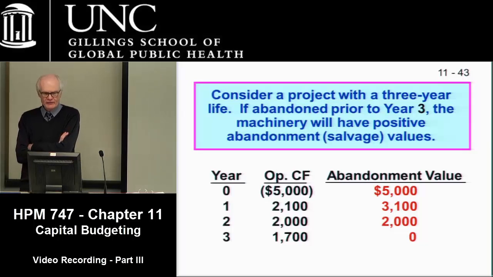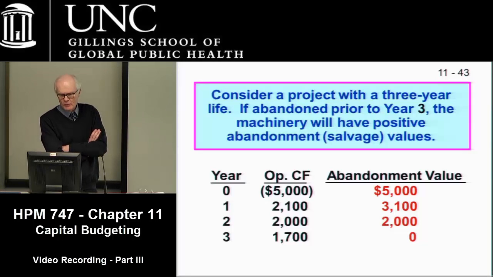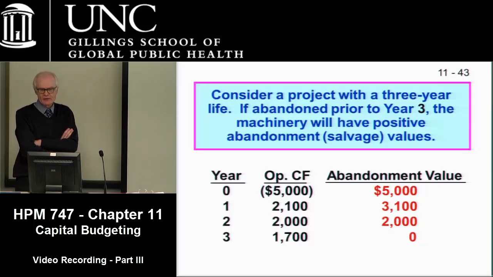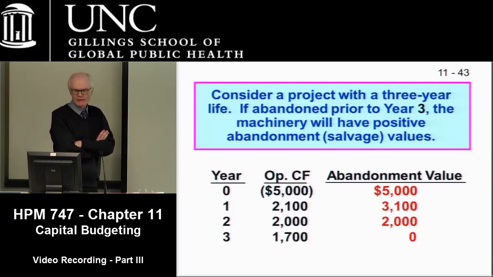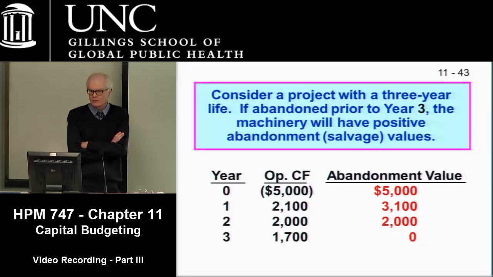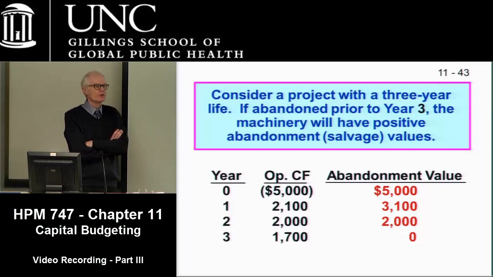We've got a 3-year life. If we abandon it after year 1, then the value of the building or the machinery would be $3,100. If we abandon it after year 2, the machinery would be worth $2,000. If we abandon it after year 3, it would be worth nothing. So if we abandon it after year 2, what cash flows will we have?